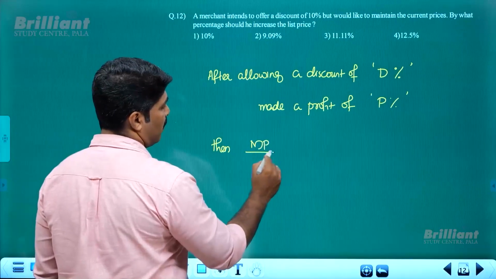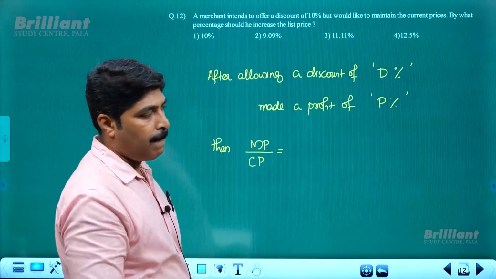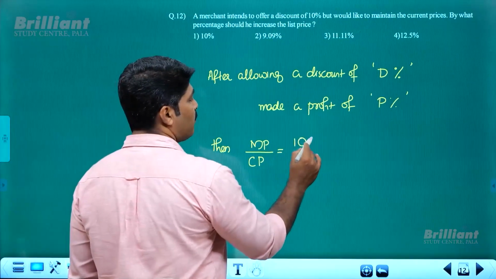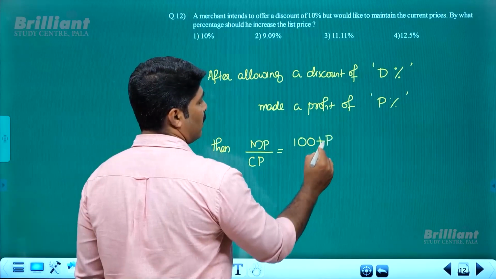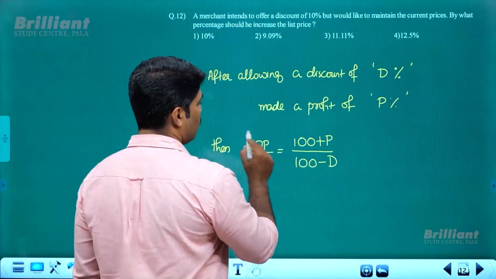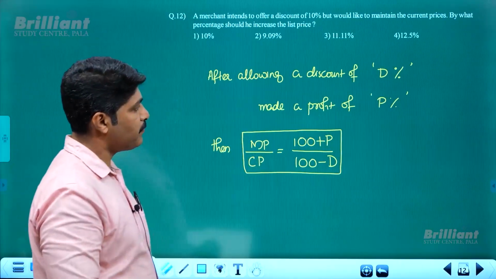Marked price by cost price. Don't forget, this marked price is nothing but the listed price. This is 100 plus P divided by 100 minus D. So it's a very important relationship in such situation.